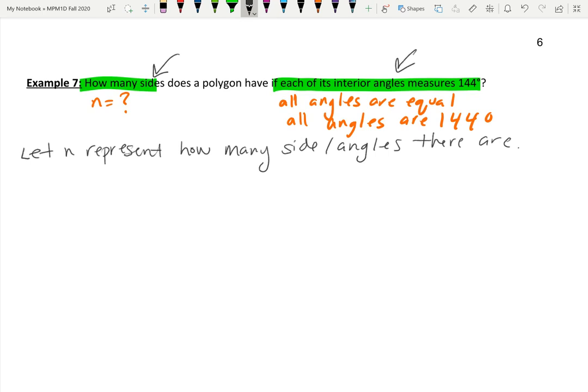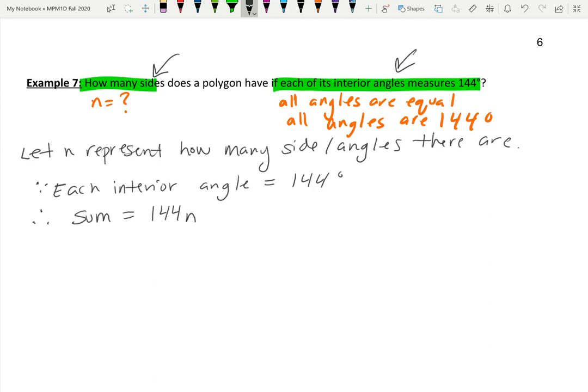And because there's always the same number of sides and angles in a polygon, I'm just going to write sides/angles depending on the information that I'm either inputting or gathering. So since each interior angle is equal to 144 degrees, therefore my sum would equal 144 times the number of sides.